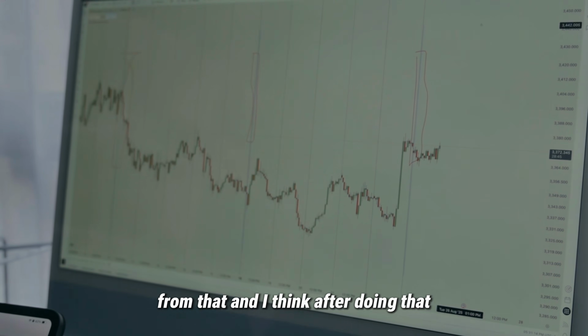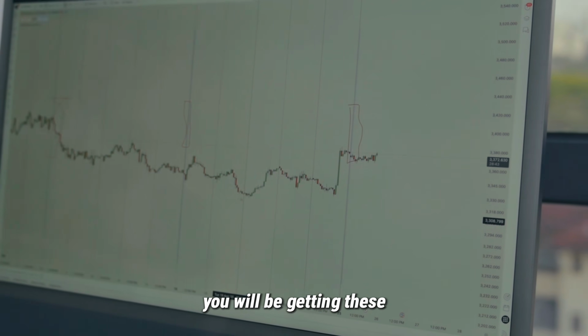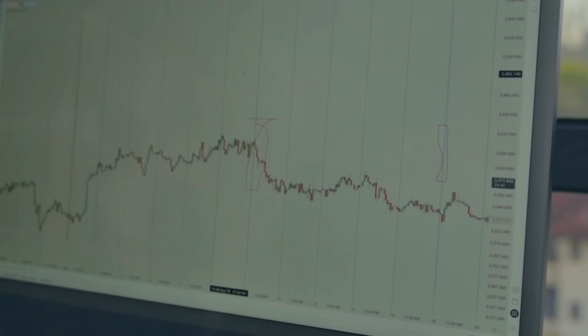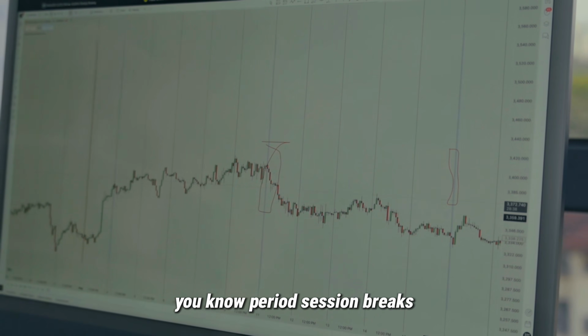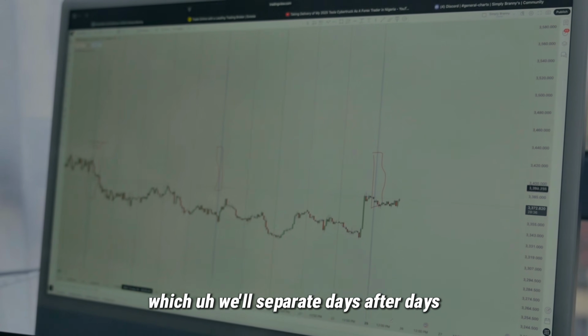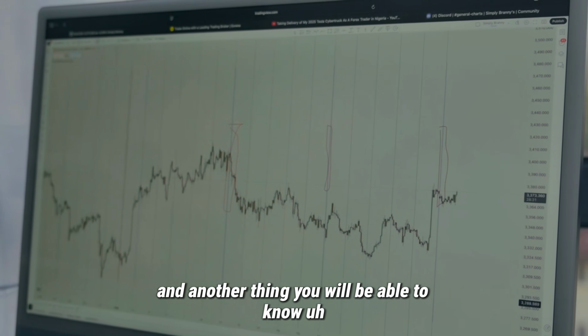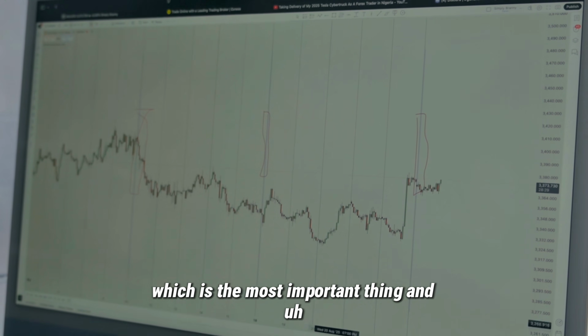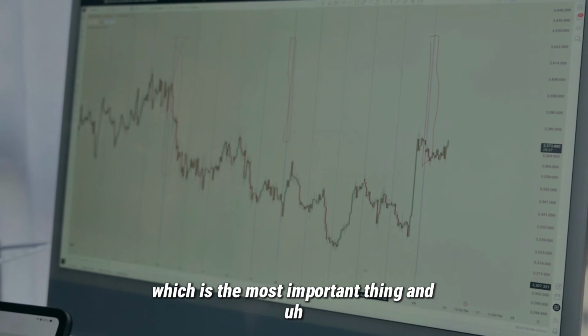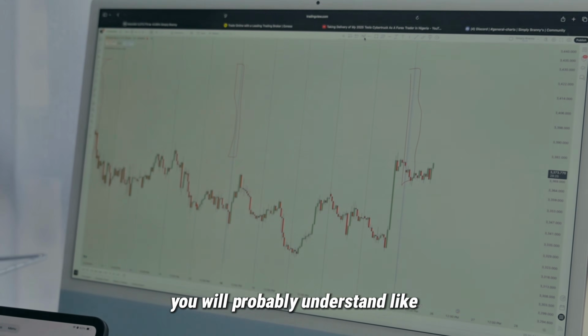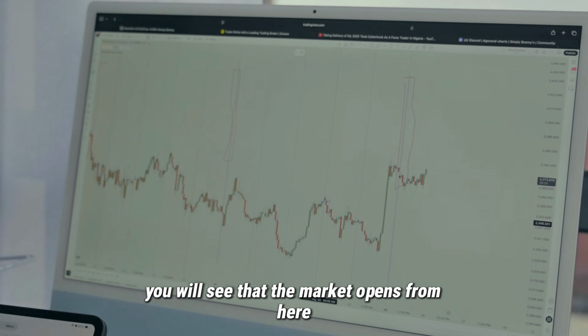After doing that, you will be getting these period session breaks, which will separate days after days. Another thing, you will be able to know the current price action for the day, which is the most important thing. You will see that the market opens from here.